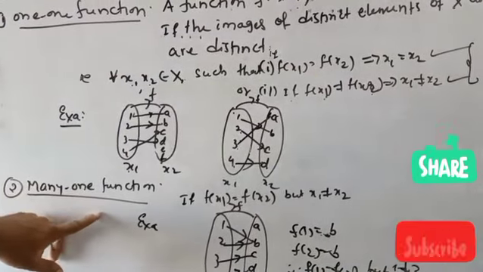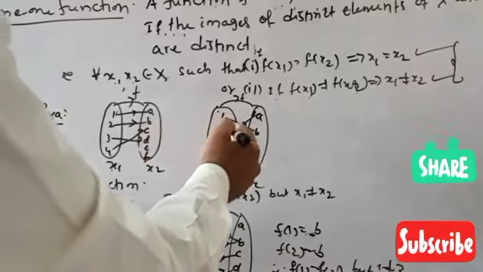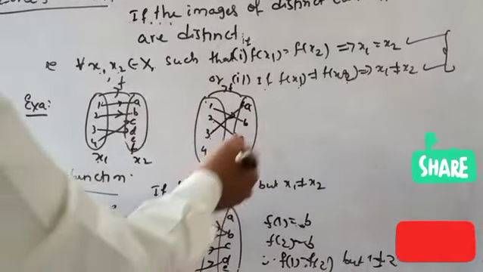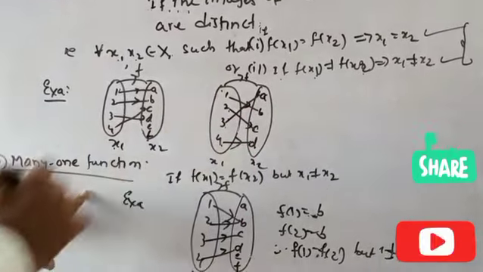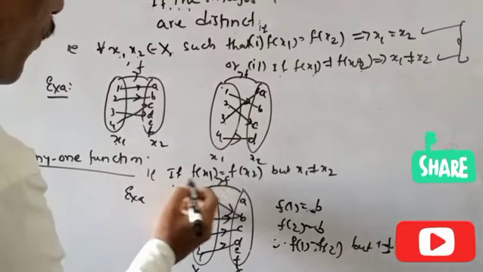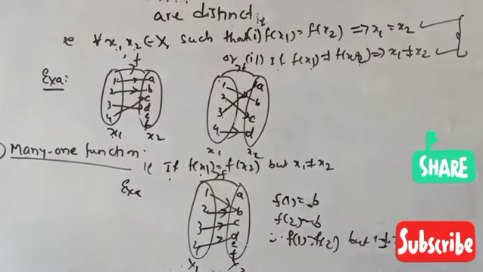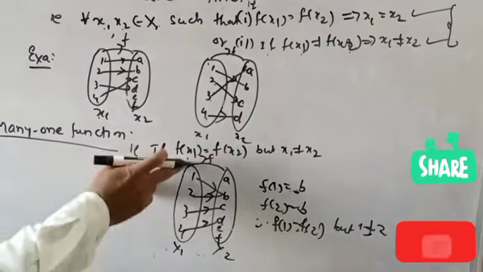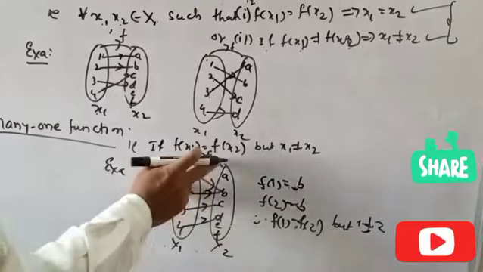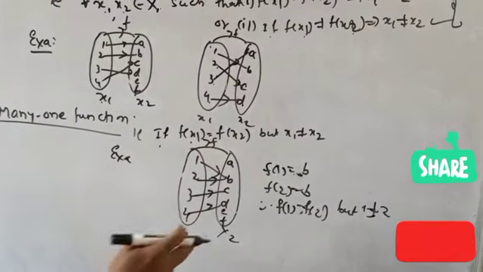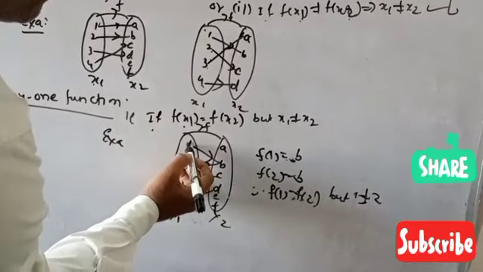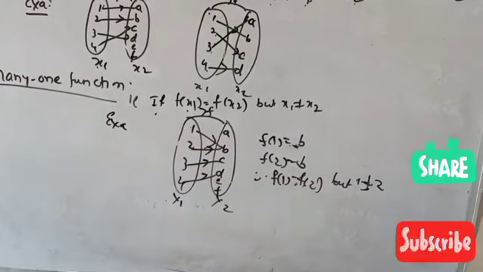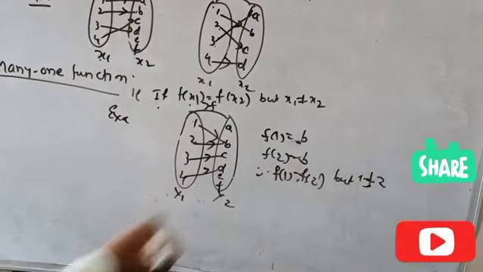Many-one function. If more than one element of A has the same image, it is called a many-one function. That is, if f of x1 is equal to f of x2 but x1 is not equal to x2. Given example, X1 contains 1, 2, 3, 4. X2 contains a, b, c, d, e, f, g. Here 1 is related to b and 2 is also related to b. 3 is related to c, 4 is related to d.